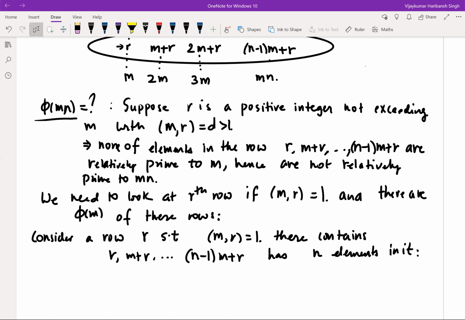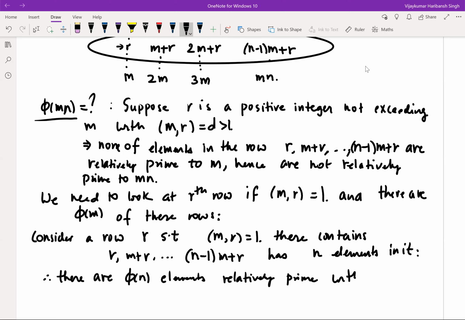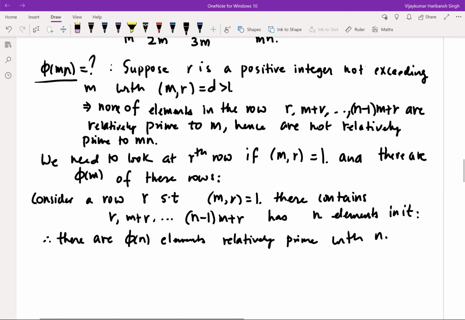Right? Now, out of these, there are phi of n elements relatively prime with n. Why is that? If you take n consecutive positive integers, then you can find phi of n of them among these consecutive integers which are relatively prime with n. So there are phi of n integers relatively prime with n.